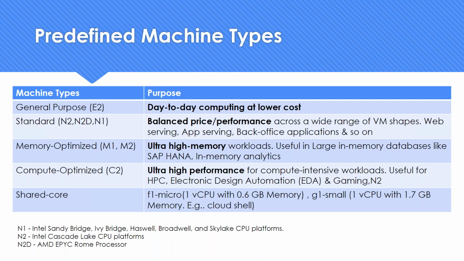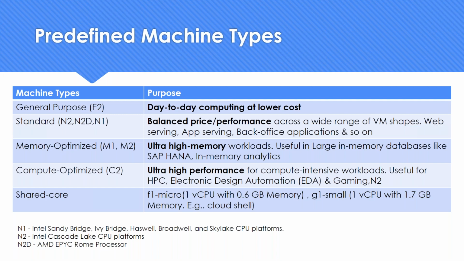But assume you have a memory intensive application like SAP HANA or any memory intensive database, like Redis kind of stuff, and you really need that processing capacity where your memory to CPU ratio is very high. At that point, you will use memory optimized machine types, the M1 or M2 series.